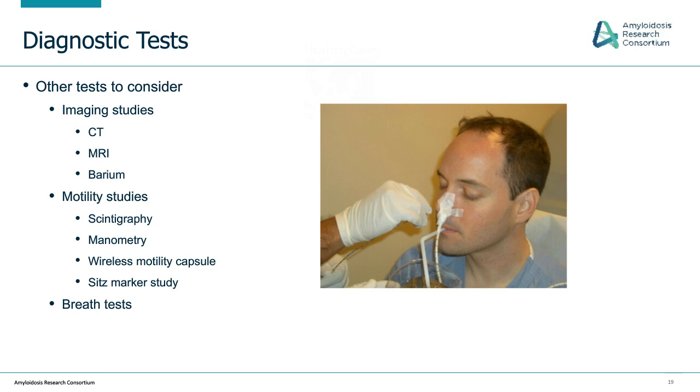gut diameter. We will often look at motility studies, and these are studies that are more commonly performed at more tertiary sites, but they're studies that will look at the movement of food throughout the gut and to look at the strength of the coordination and what's happening with contractions.